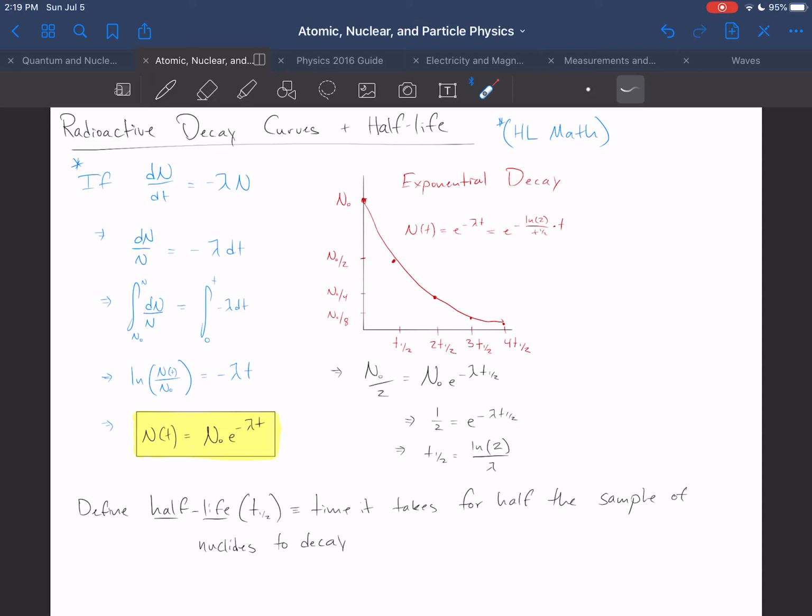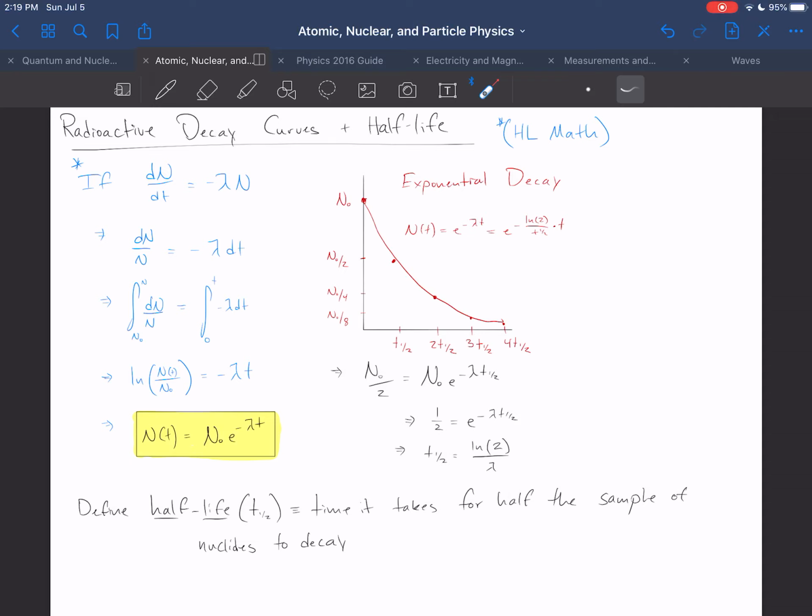This is exponential decay, or a case of exponential decay. And what it means is that the number of nuclides is decreasing by the same percentage, I should say specifically, for every constant amount of time. We usually frame this in terms of the half-life, which is the time it takes for half the sample of nuclides to decay.